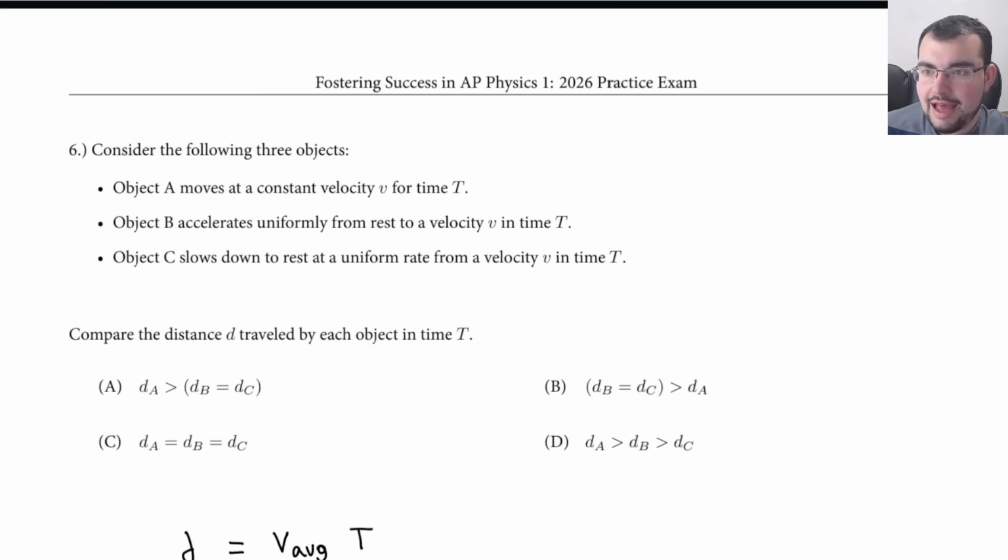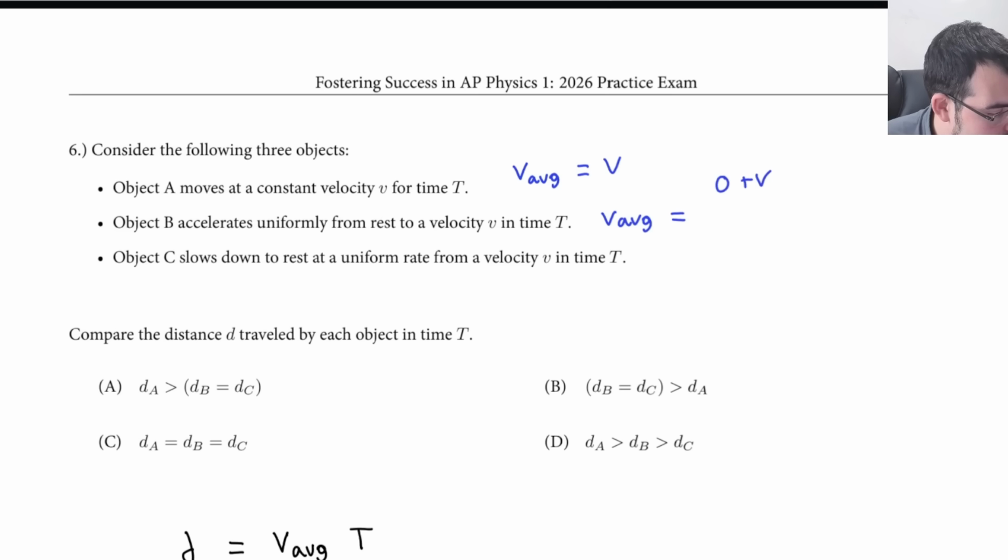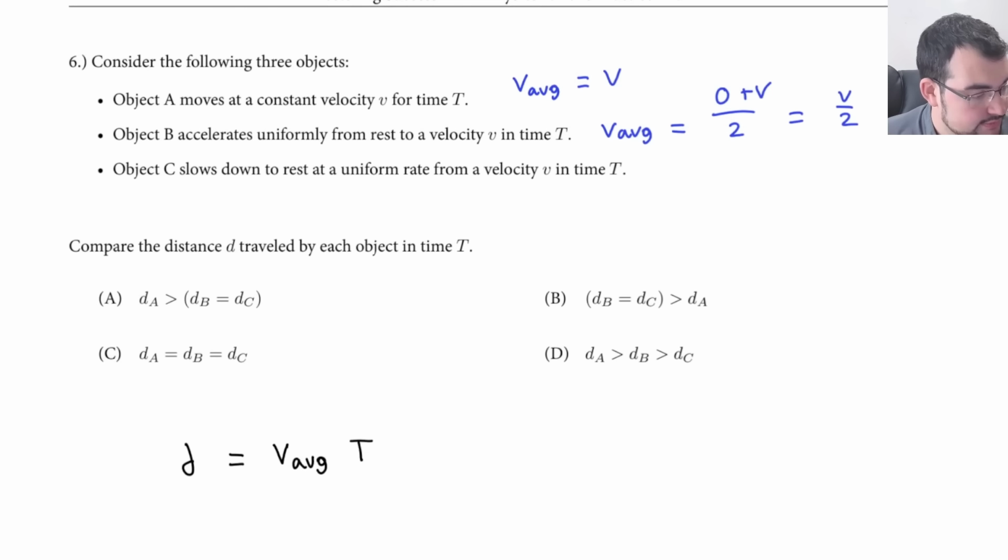So if we're looking at the average speed here, this average speed is clearly v, because it's just v all the time. This average speed, well, I start from rest, I end at v, so I average the speeds, and I get v over 2. Then for my third case, I start at v, I end at 0, there's 2 speeds, I still get v over 2.